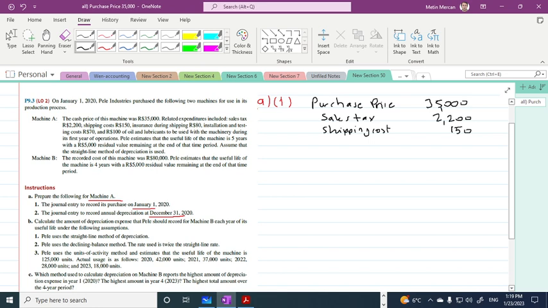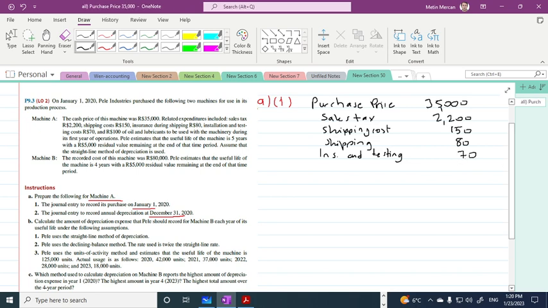Insurance during shipping, so this is shipping insurance. Then installation and testing costs are also part of the cost of the asset and should be included.